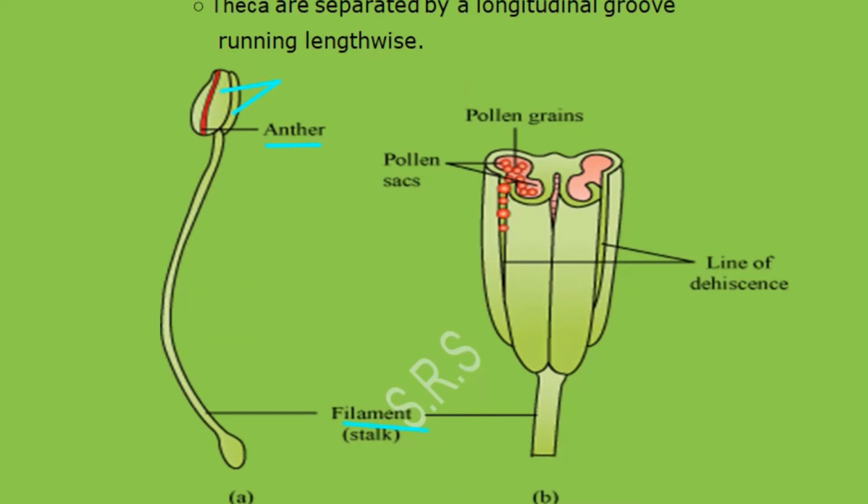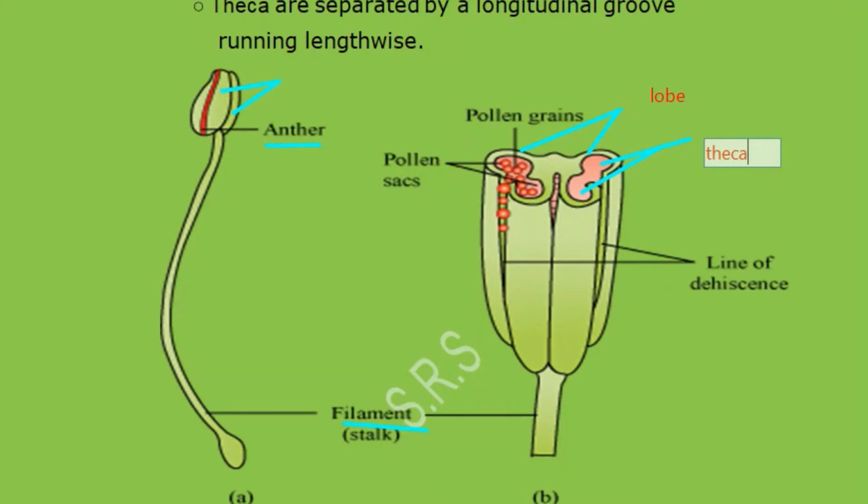As I told you, this is one lobe and this is another lobe. So we can write here it is lobe, bilobed. Now the next is about theca. This is one theca and this is another theca. So we can write here it is theca. So it is a diathecous structure.